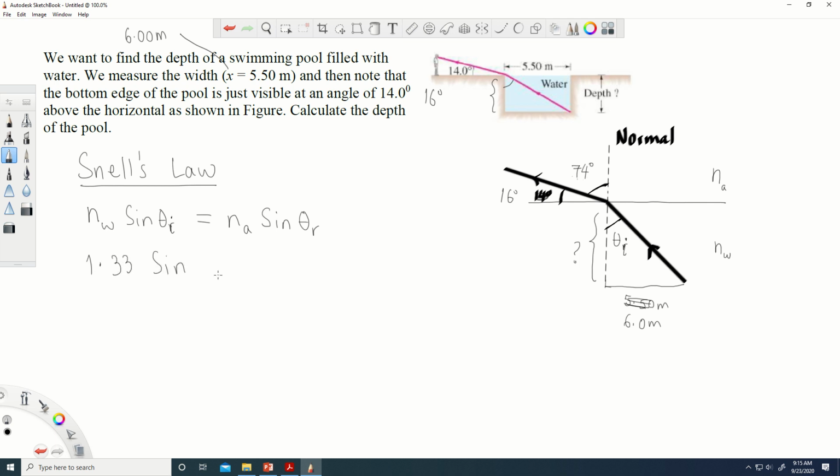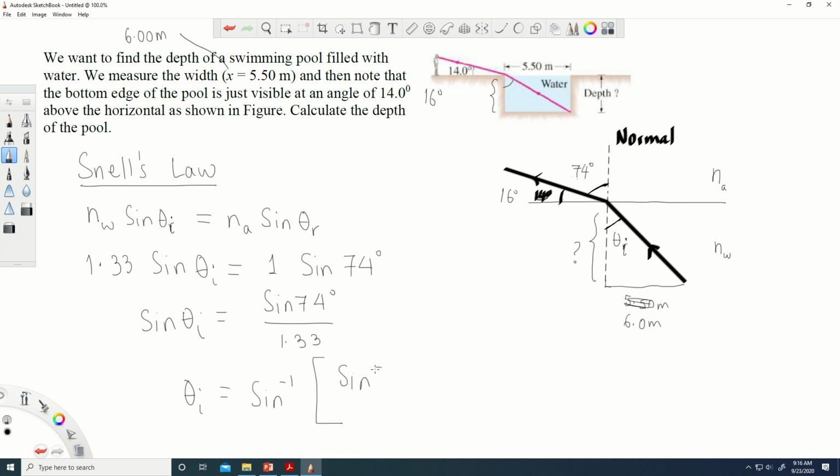Sine theta I is something we need to find, and n_a, the refractive index of air, is 1, times sine 74 degrees. So sine theta I is sine 74 degrees over 1.33, and then we need to find theta I. Theta I would be sine inverse of sine 74 degrees over 1.33.